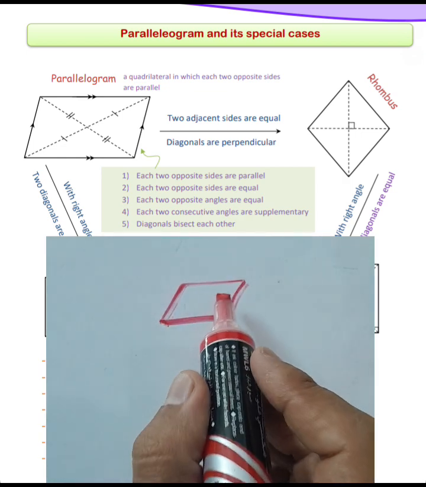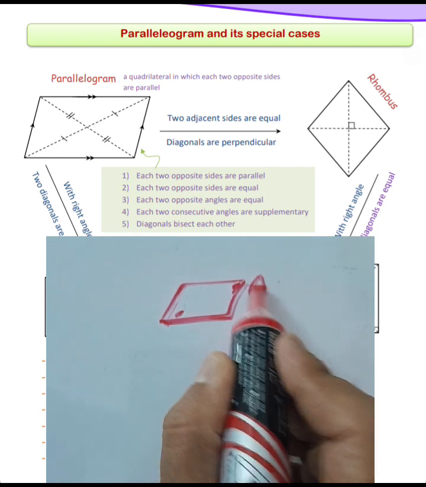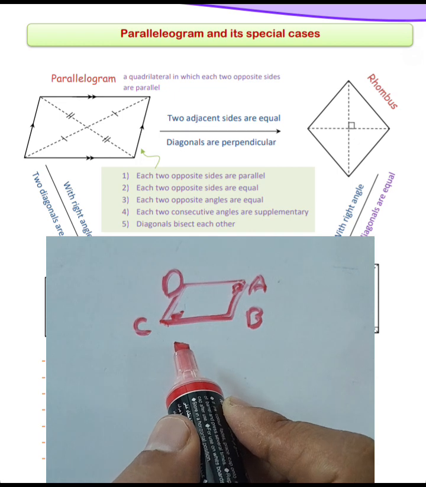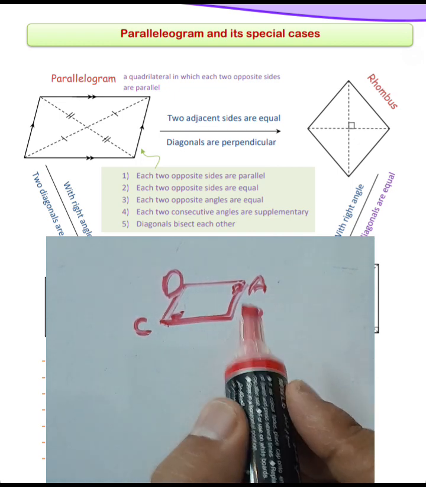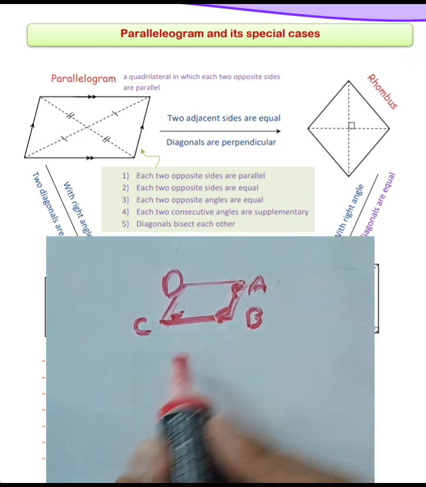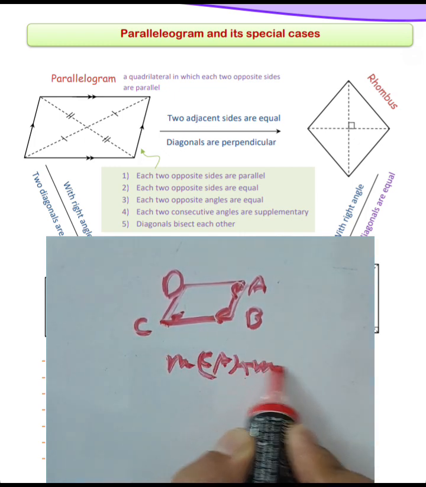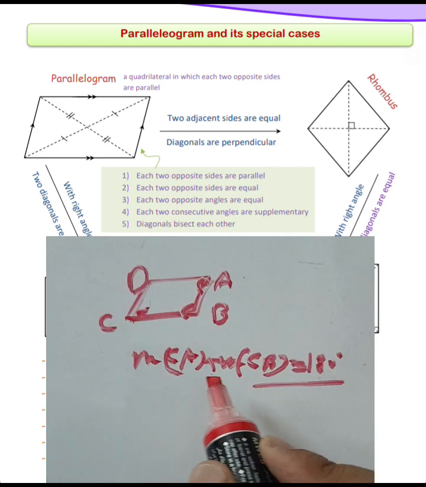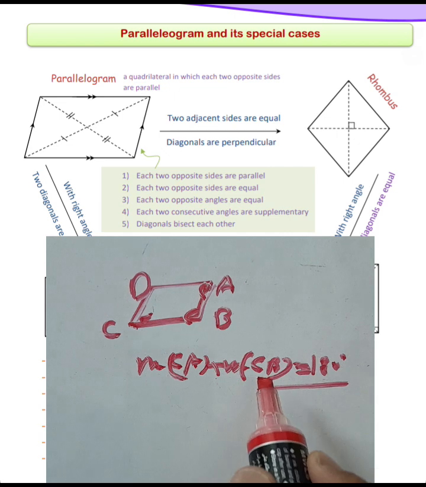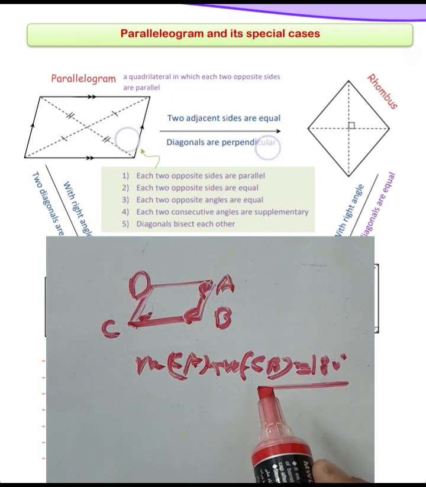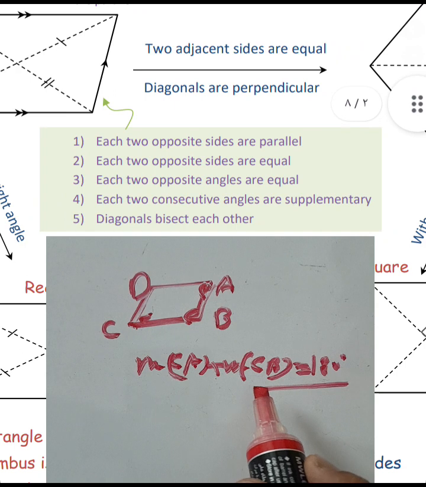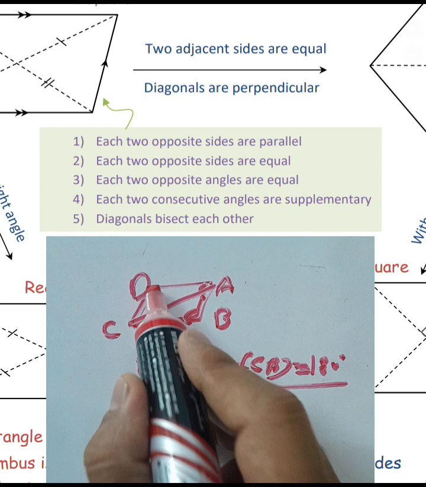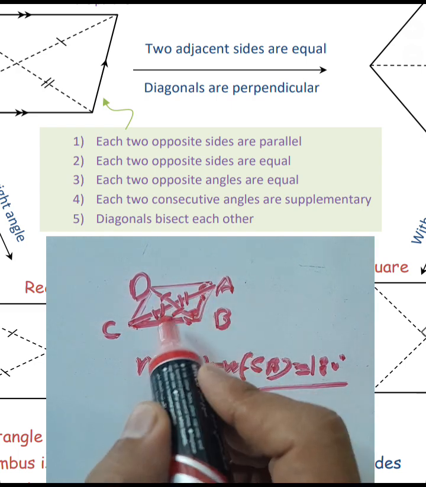Each two opposite angles are equal in measure, such that in this parallelogram ABCD, the measure of angle A equals the measure of angle C. Each two consecutive angles are supplementary, such as the measure of angle A plus the measure of angle B equals 180 degrees. Supplementary means the sum of two adjacent angles equals 180 degrees. And the diagonals bisect each other.